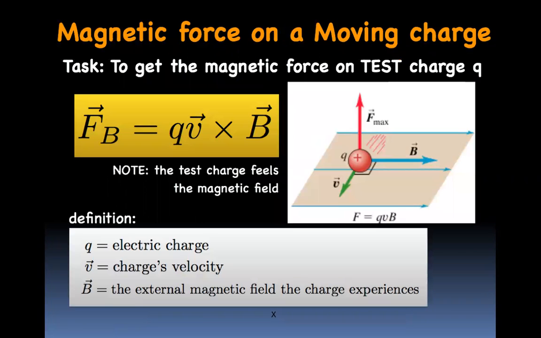Our task is to get the magnetic force acting on a test charge Q. It is given by Q times the cross product of the velocity of the charge V with the magnetic field capital B that it experiences. Take note that the test charge feels the magnetic field, and this magnetic field is not produced by the charge.